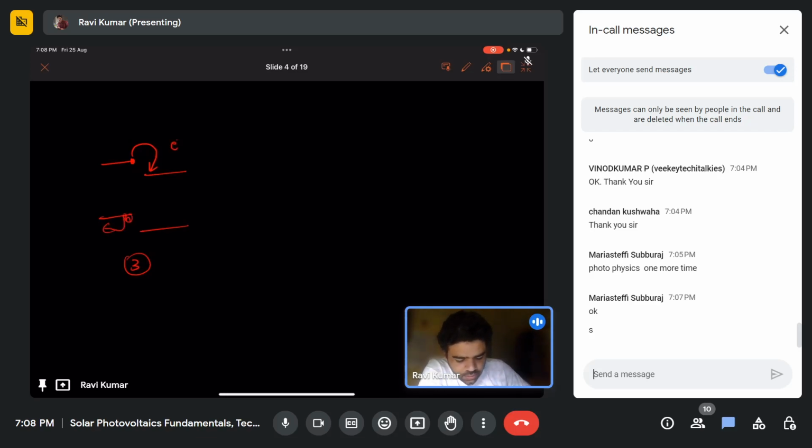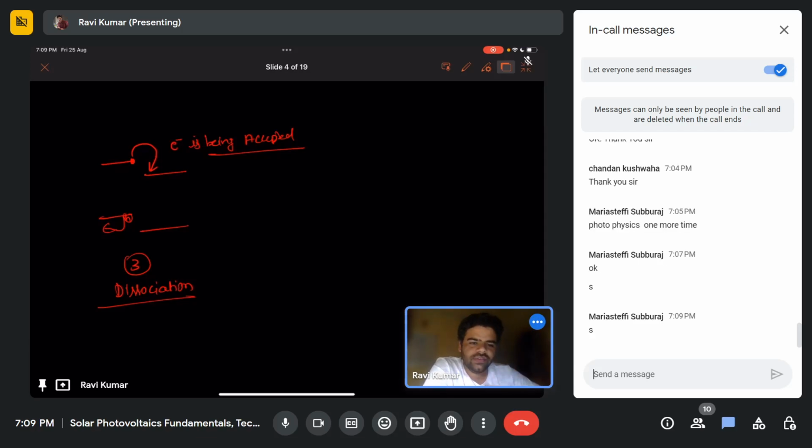So this electron is being accepted by the acceptor. This is known as dissociation. Got it? This is the third step. First generation, second diffusion, third dissociation. Fourth one left, the fourth one is the collection.